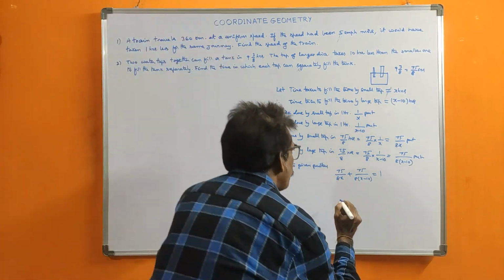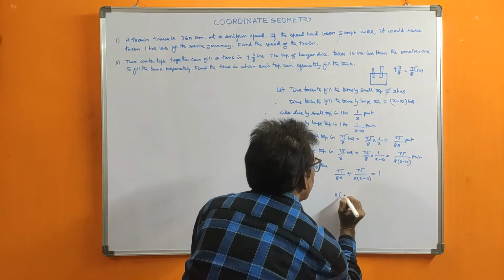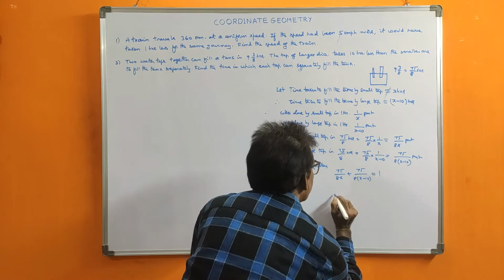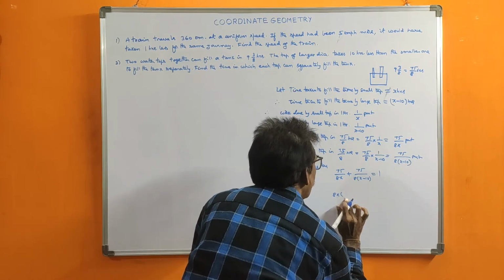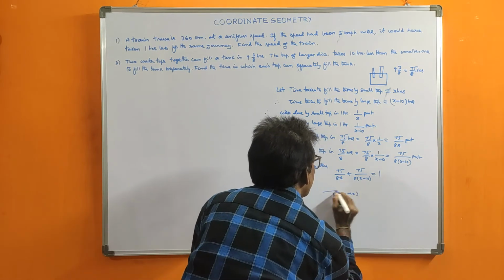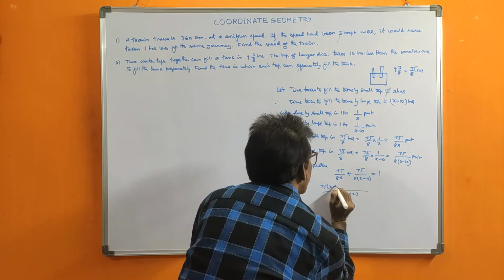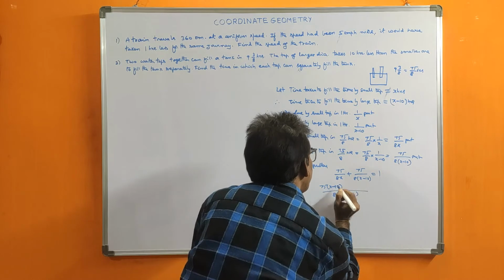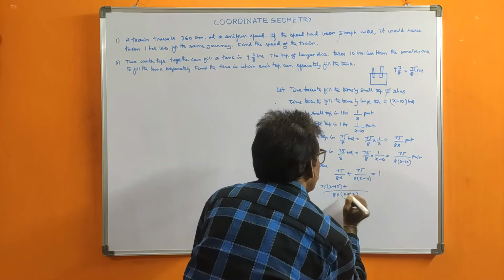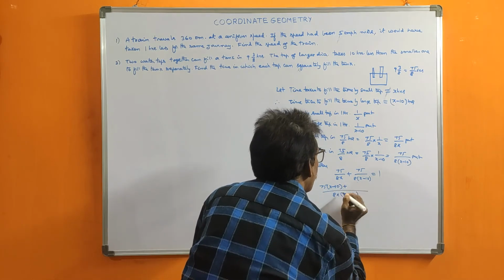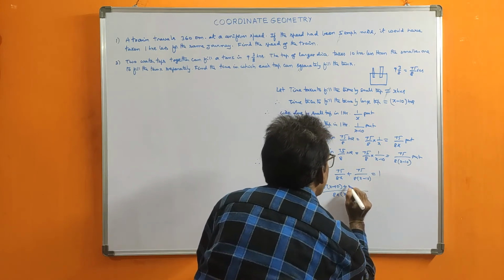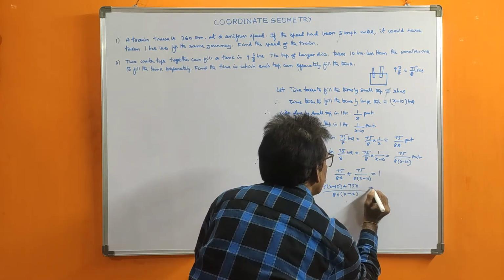Now the equation: take the LCM 8x into x minus 10. Then 75 into x minus 10 plus 75x is equal to 8x into x minus 10.